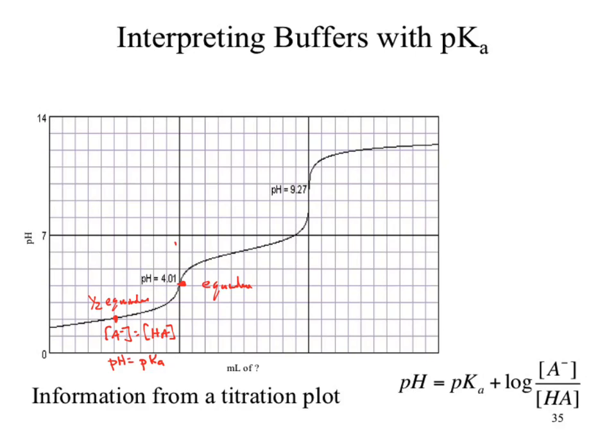Why did it level out? Why was it level here? HA was present. An acid was present to neutralize the base. Why is it level here? An acid is present to neutralize the base. Can it be HA? No, because once we hit this equivalence, what happened to HA? It's gone.